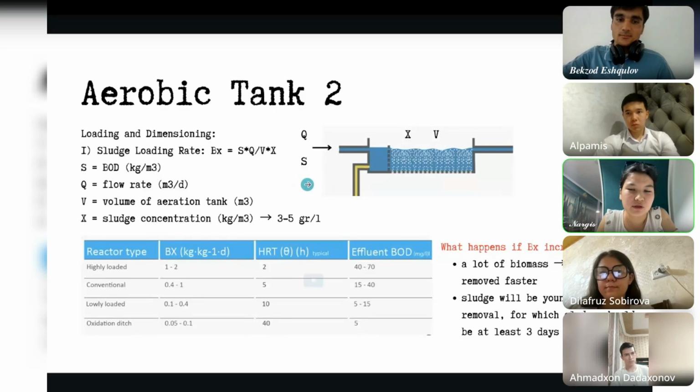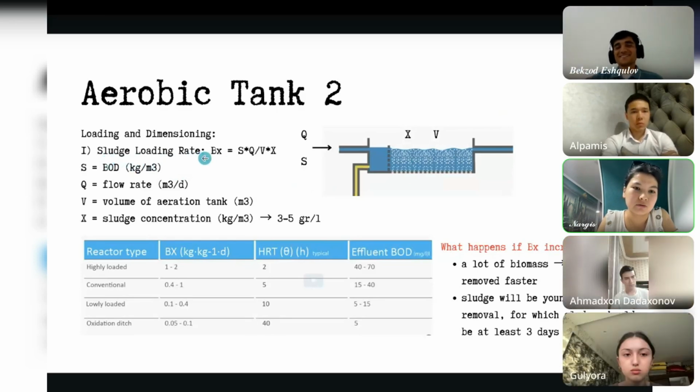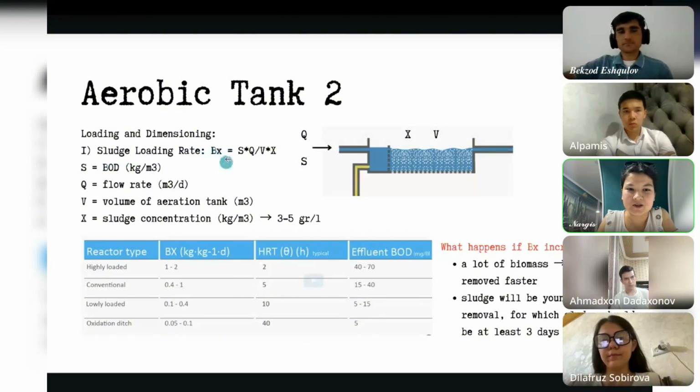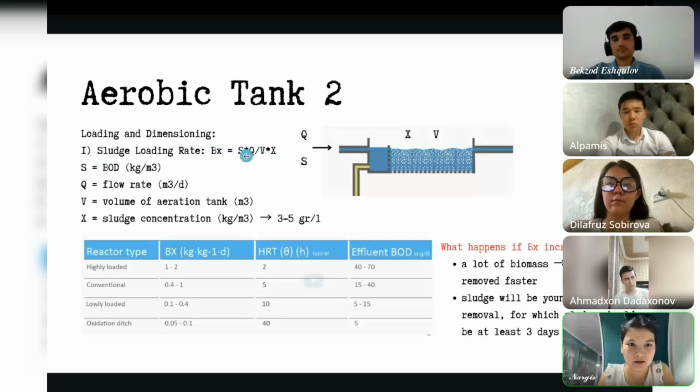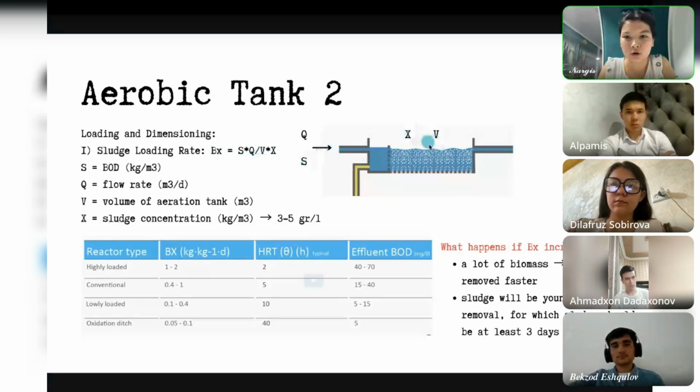So there are several things that you should know before finding the volume. First is sludge loading rate. Sludge loading rate is explained by this Bx, and Bx has its own formula that you can see here. So it's S times Q over volume times X. What is S?